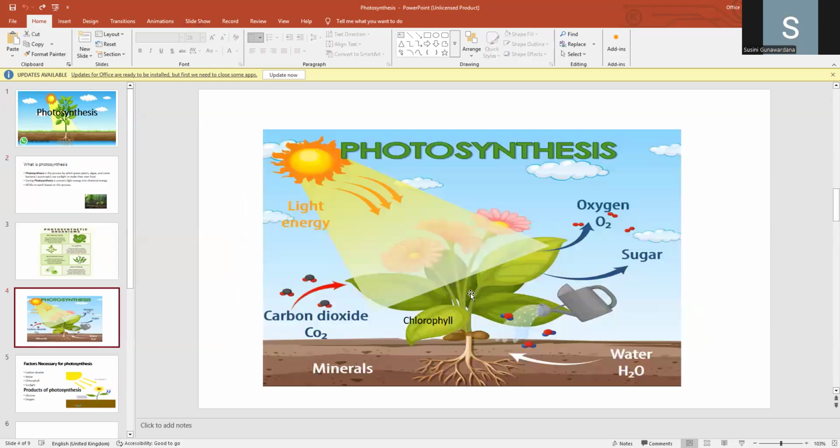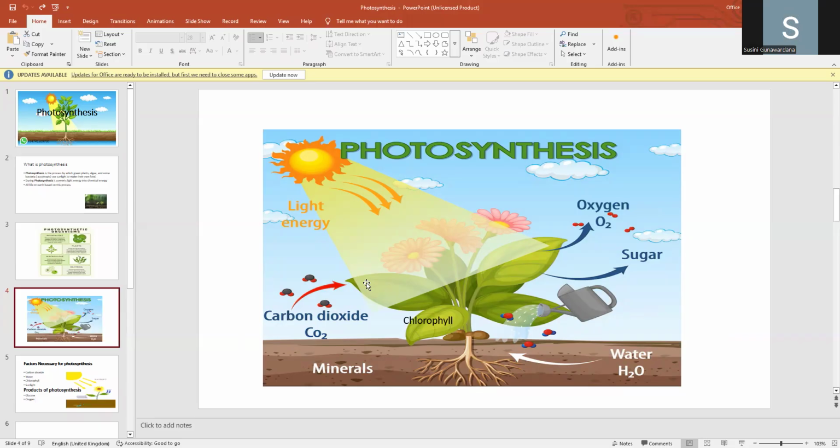So you can see this is the diagram which emphasizes photosynthesis. They are using light energy from the sun and carbon dioxide from the air.